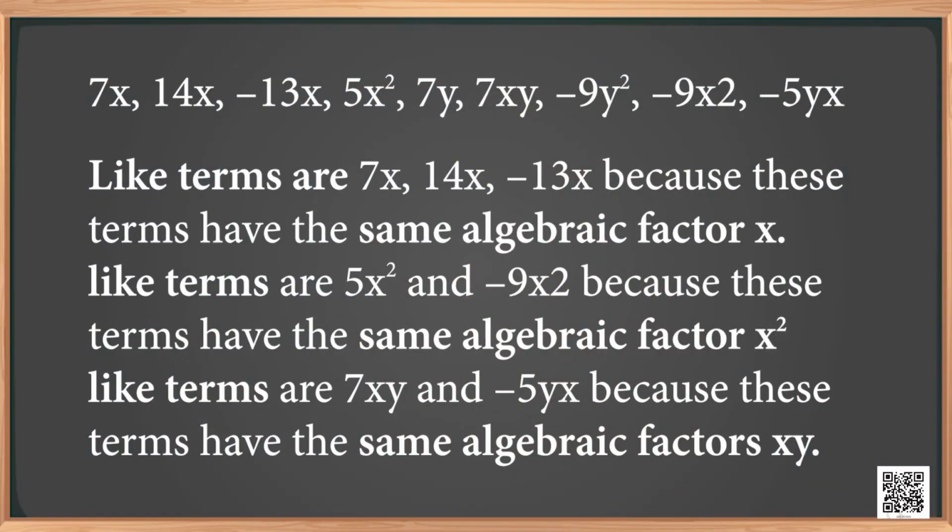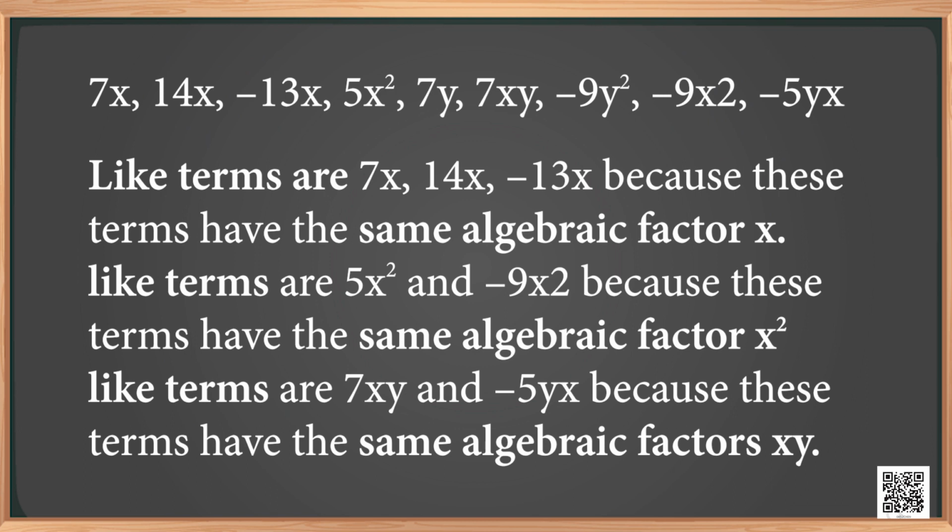Like and unlike terms. We now try to identify like and unlike terms of the following: 7x, 14x, minus 13x, 5x square, 7y, 7xy, minus 9y square, minus 9x square, minus 5yx.